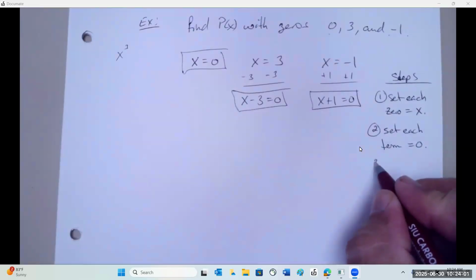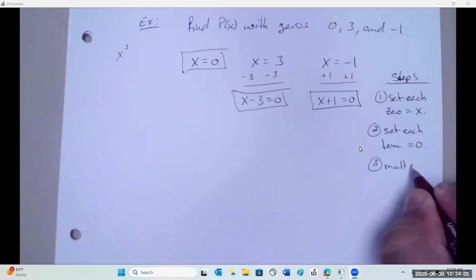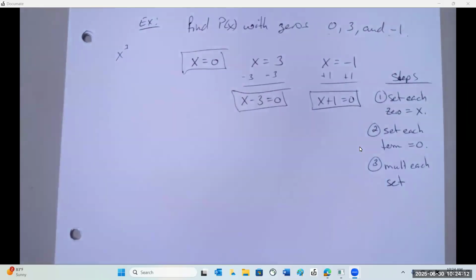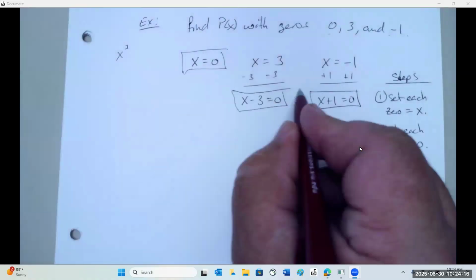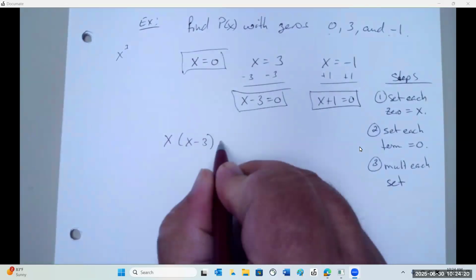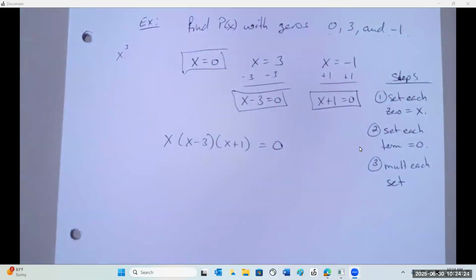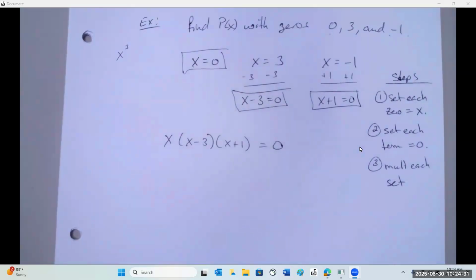Then what? Multiply each set together. Anything set equal to 0 doesn't have to be an equation. It could be an x by itself.